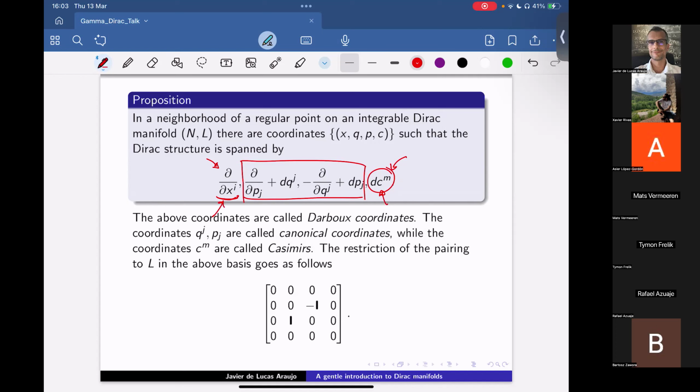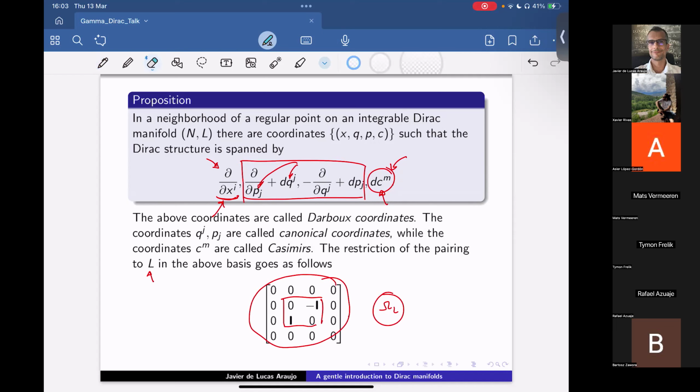Here, these vector fields are called gauge, and these p, q are called the Darboux coordinates. In this basis, the bracket structure can be written as a matrix, and the symplectic form can be written in this manner.